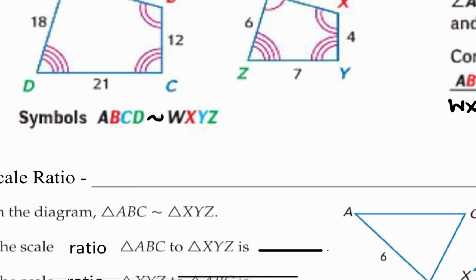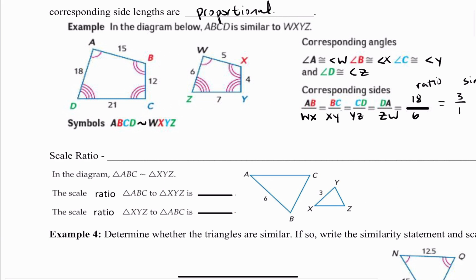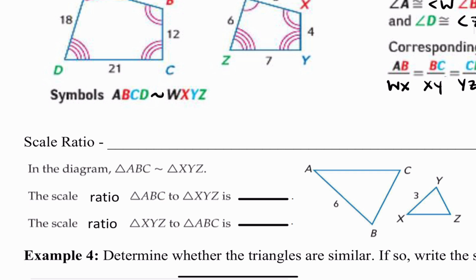B corresponds with X, C corresponds with Y, and then D, since it's the last letter in this statement, should correspond with the last letter of the other statement. So D corresponds with Z, okay? Now, if I were to talk about the corresponding sides, I have AB, the first two letters, they correspond with WX, and then CD corresponds with YZ, and so on and so forth, okay?